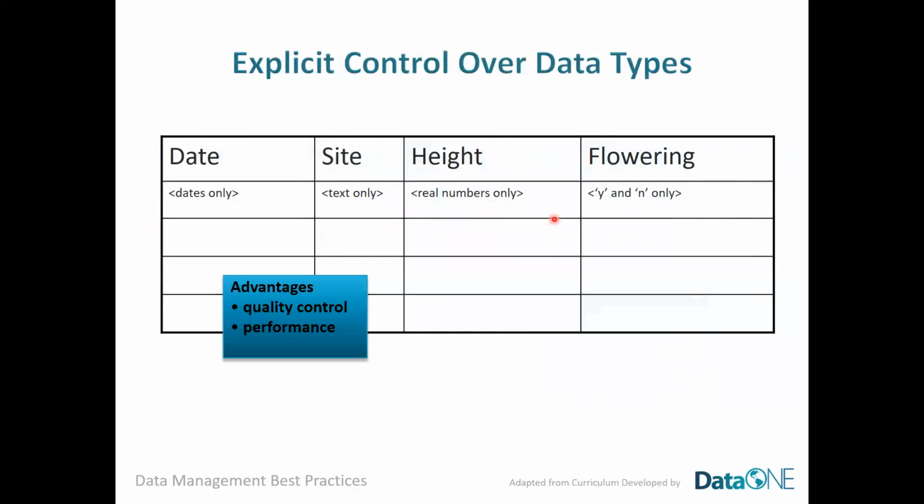And if a user tries to enter, for example, a question mark where they're not sure whether the plant is flowering or not, they're not able to do that. The database will reject that entry and say you must say yes or no, or Y or N. This is useful in defining how data is to be entered, and it eliminates the possibility of putting in the wrong type of information, like you can do very easily in Excel.